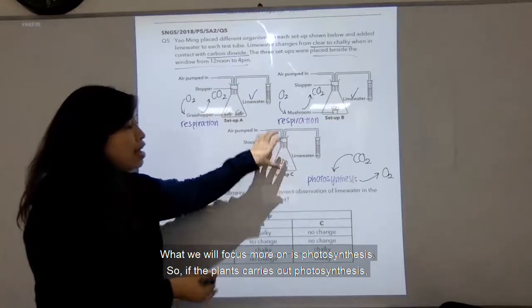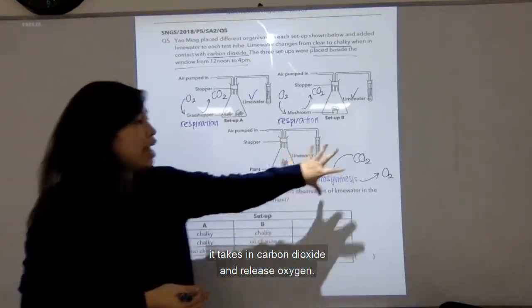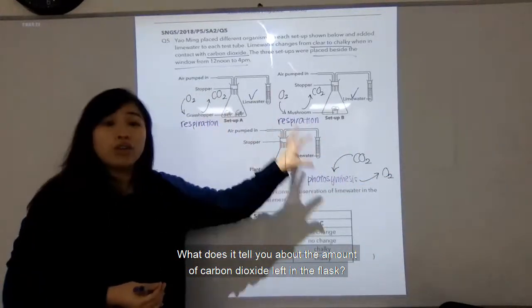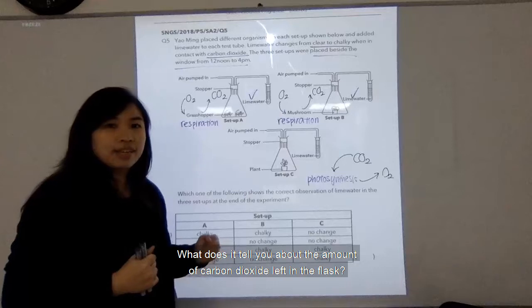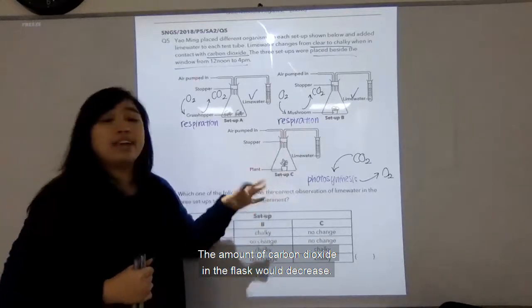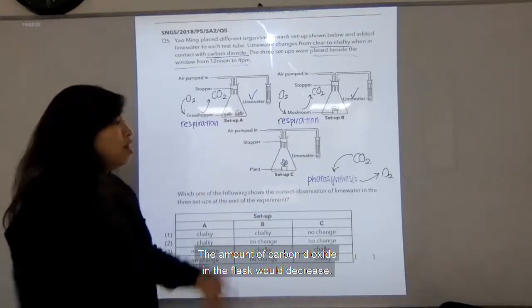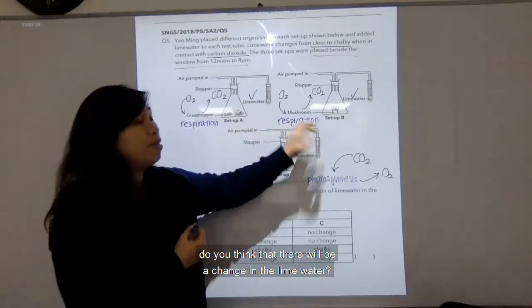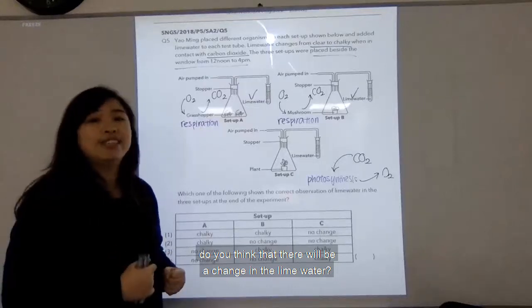So if the plant carries out photosynthesis, takes in carbon dioxide and releases oxygen, what does it tell you about the amount of carbon dioxide left in the flask? The amount of carbon dioxide in the flask would decrease. So if the amount of carbon dioxide decreases, do you think that there will be a change in the lime water?